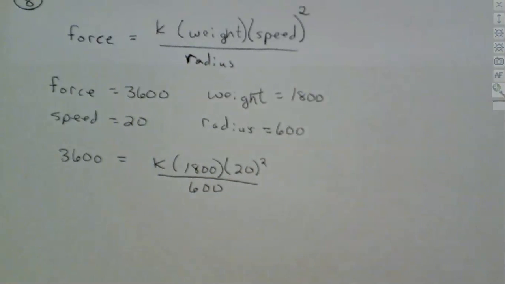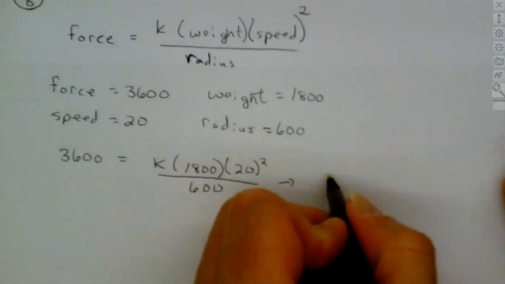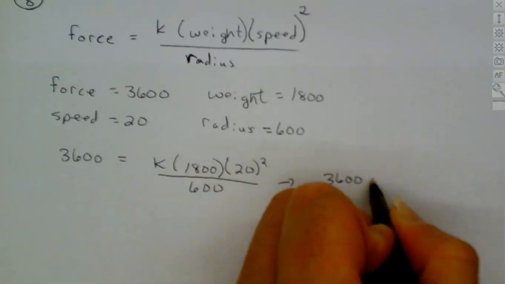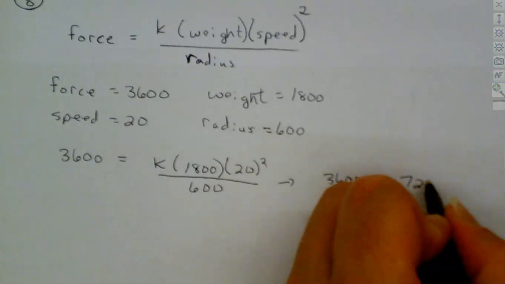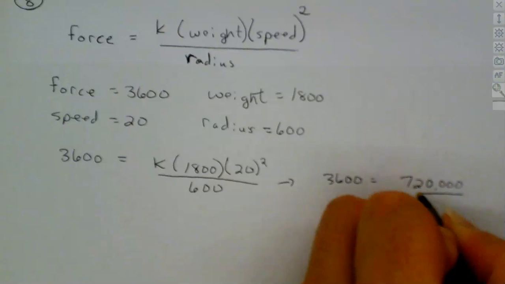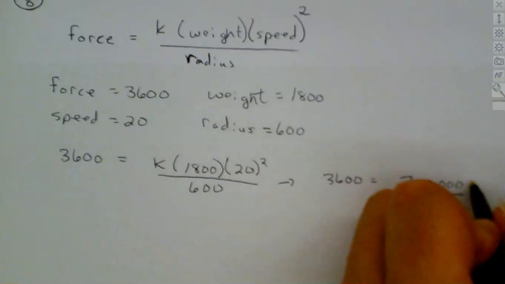So we've got our 1,800, and we're going to multiply that by 20 squared. So that gives me, when I rewrite, 3,600 equals 720,000 over 600.